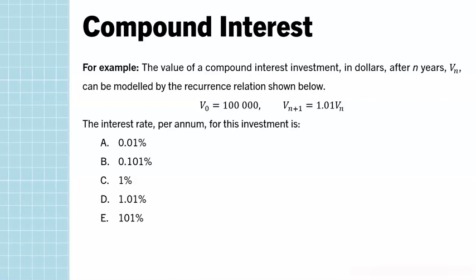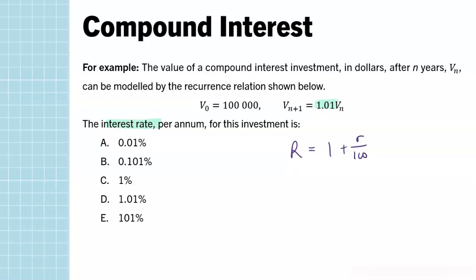Our next example, the value of a compound interest investment in dollars after n years, given as Vn, can be modelled by this recurrence relation, where V0 is 100,000 and Vn plus 1 equals 1.01 times Vn. What is the interest rate per annum for this investment? So this time we're going to use the fact that we have that value of R and find what must be the rate per annum.